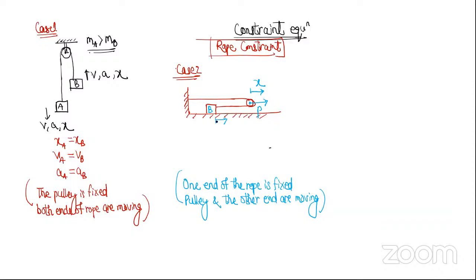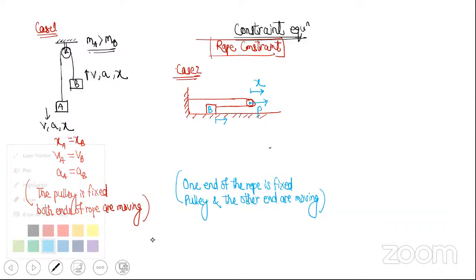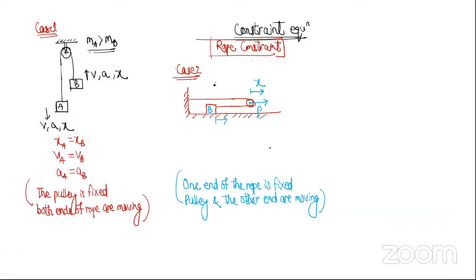Okay, look, let me do a diagram. Let's say initially B is here. Look at this line. Initially B is here, and initially P is here. Now what happened? P moved. Let's say P moved up to here. Then now the rope will become like this, isn't it?